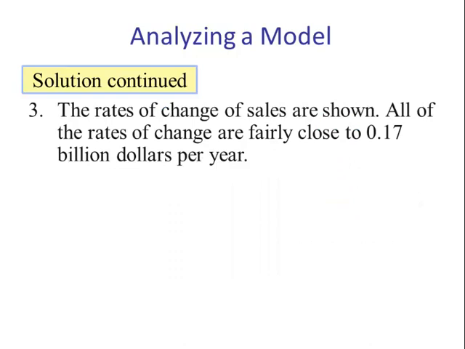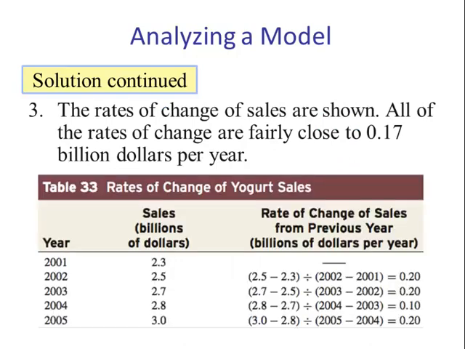Number 3, the rates of change of the sales are shown here. All of the rates are fairly close to $0.17 billion per year. So it's close to being linear. If you compute the slope for these two ordered pairs, you get 0.2.